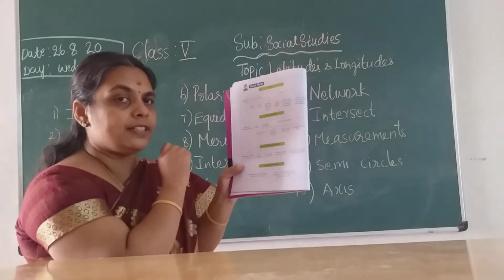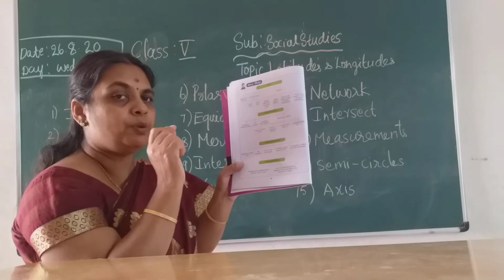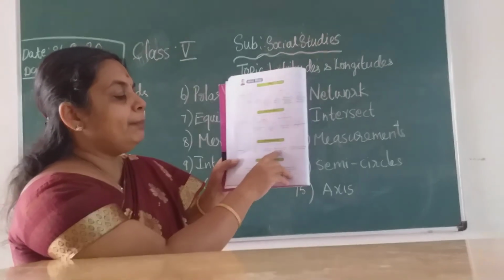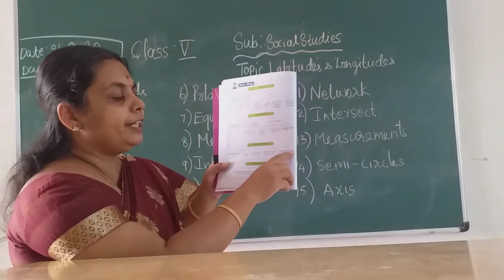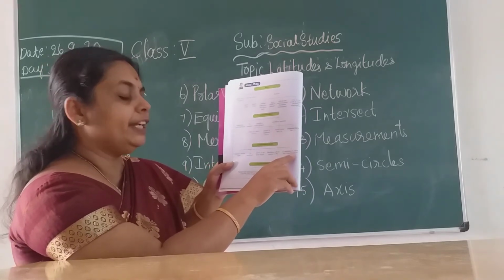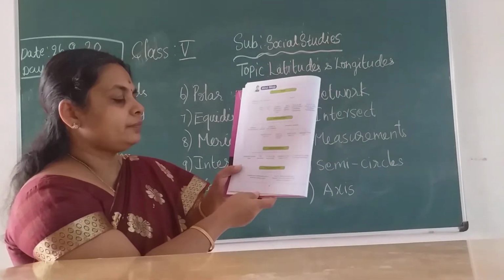So children, there is one topic in your textbook, the difference between latitudes and longitudes. Read that properly. Meridians cut the equator at 90°, and the 0° meridian is called the prime meridian, which is located at Greenwich near London.